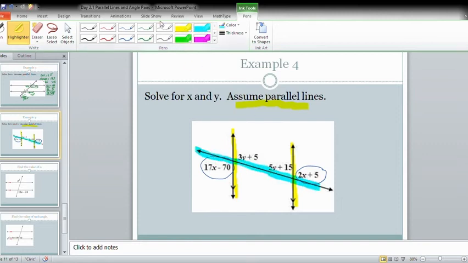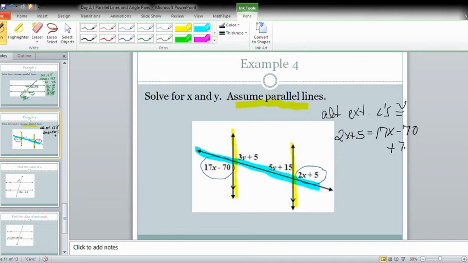So if I look at my relationship here, I've got two angles that are outside of the parallel lines, on opposite sides of my transversal. So first off, I have alternate exterior angles, which means congruent. So I'm going to set 2x plus 5 equal to 17x minus 70, because again, alternate exterior angles are congruent. And now I can balance my equation.